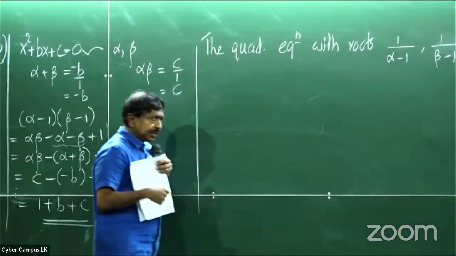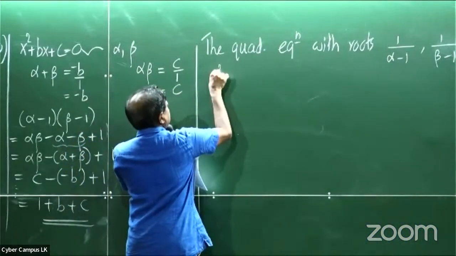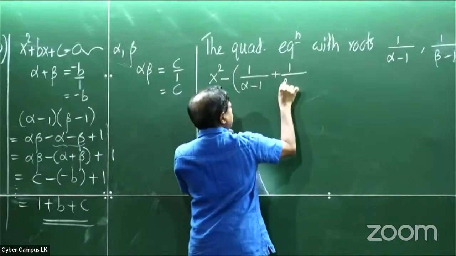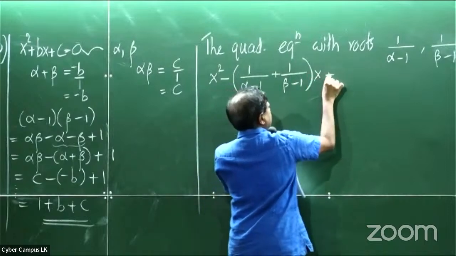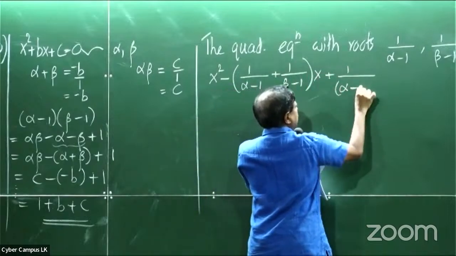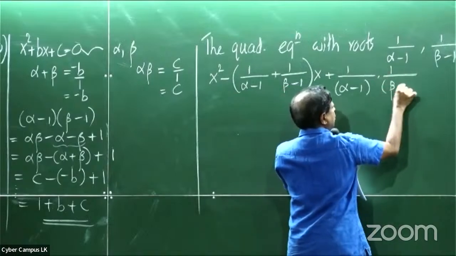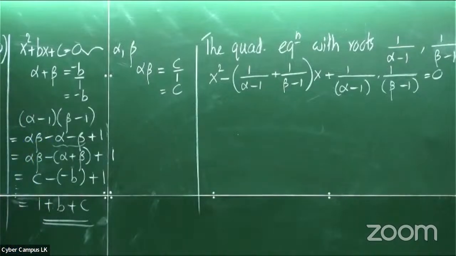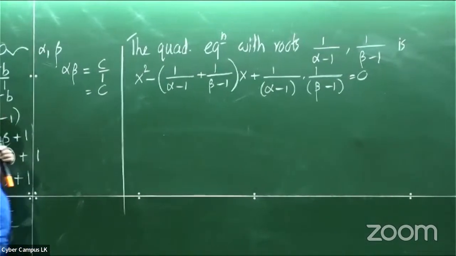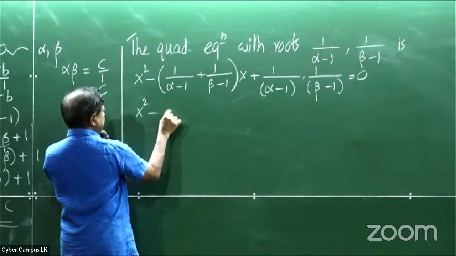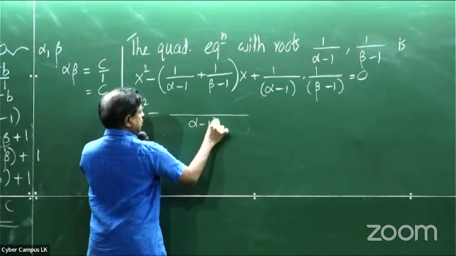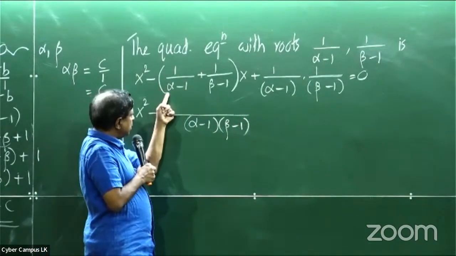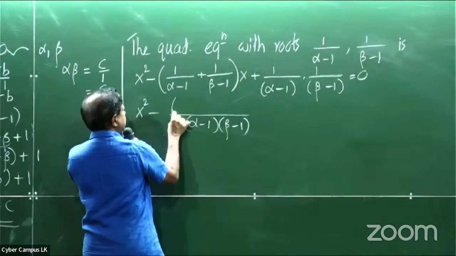You can start with x squared minus the sum of the roots times x, plus the product of the roots. Now you can take the common denominator in the term in the middle. If you do that, you will end up with beta minus 1 plus alpha minus 1.